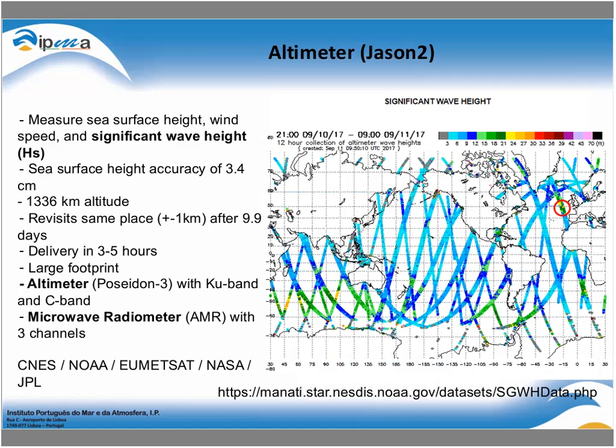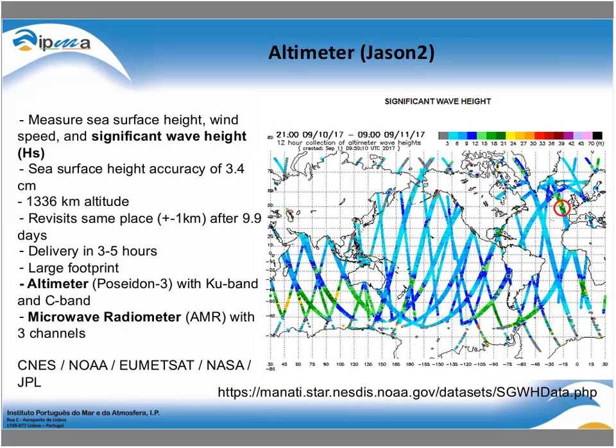So looking at altimeter, we use this link here from NOAA, where you can get a various collection of altimeter data, and these are from 21 yesterday to 9 o'clock today, and we pinpoint this area here, so it's the main area of interest for us today.